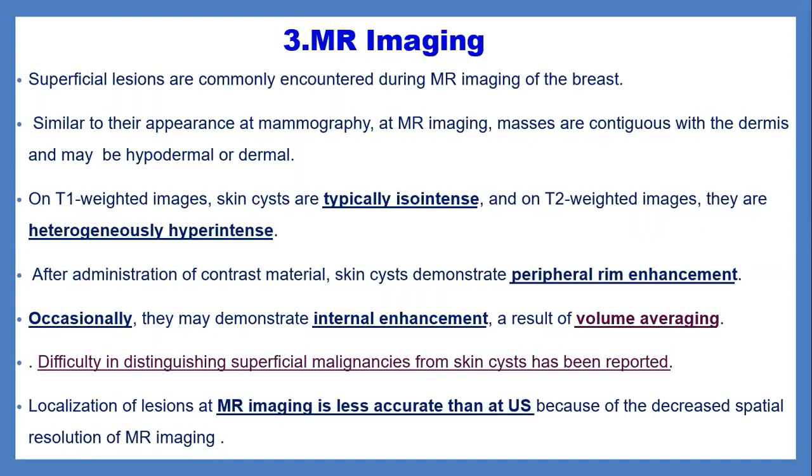Sometimes you might see internal enhancement, but because of small lesions, this represents volume averaging. Difficulty in distinguishing superficial malignancies from skin cysts has been reported on MRI, and localization of lesions on MRI is less accurate than ultrasound, as we described, because of the high resolution of ultrasound.